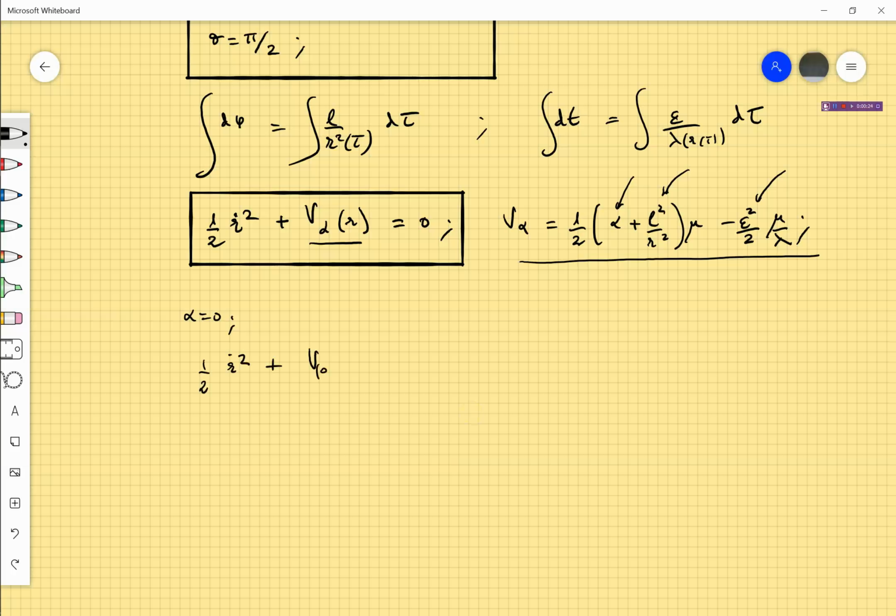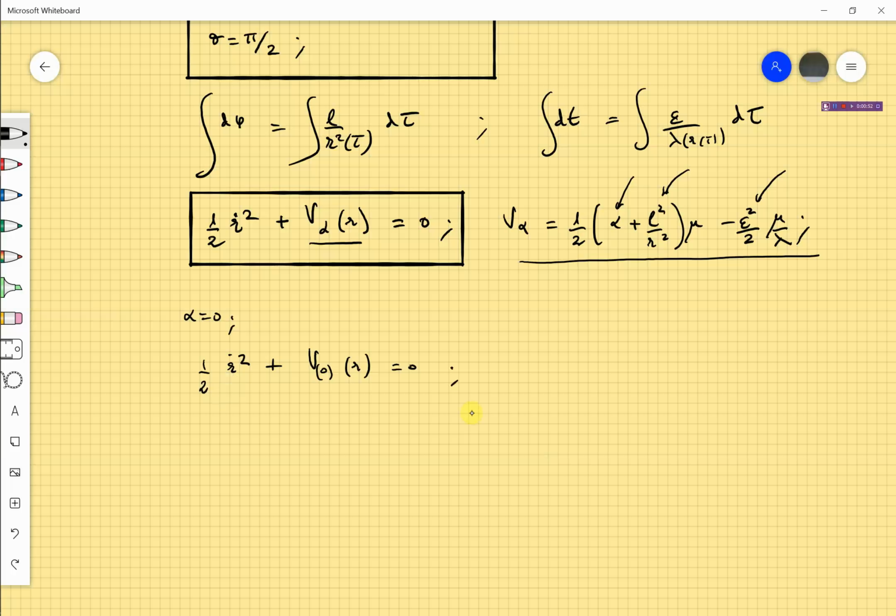So this would be V of R, and the idea is that I am going to divide everything by L squared. This V of R is what I get from B with alpha equal to 0 by dividing by L squared, and this L squared I reabsorbed into tau here. So it doesn't change. It's a new tau, but it doesn't really matter.